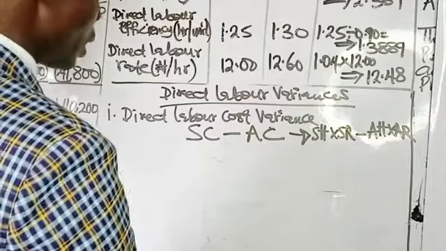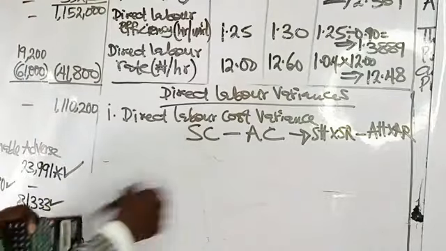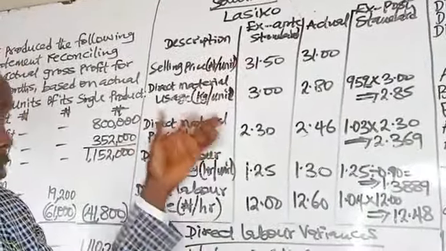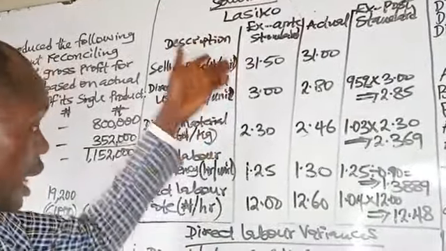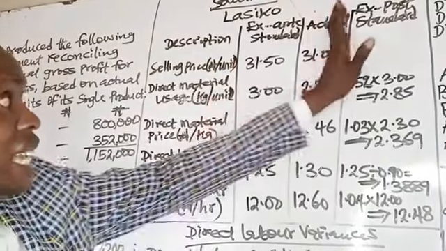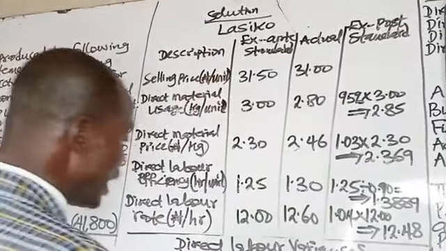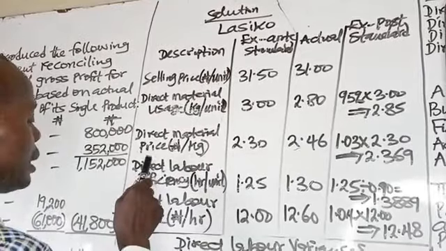So now, we want to determine the direct labor cost variance. You go back to the table. Your S and T is what you are going to use as your standard. You don't need ex-post here.